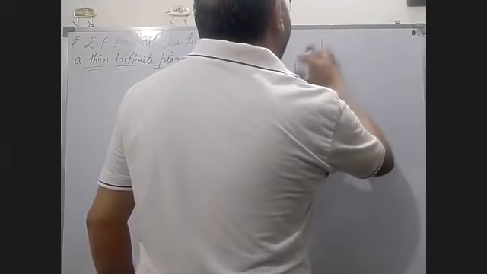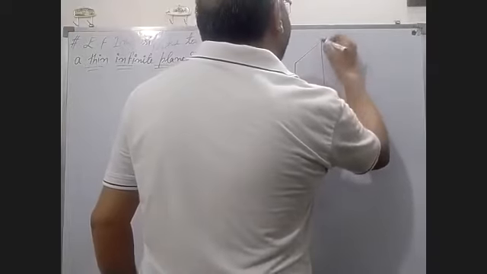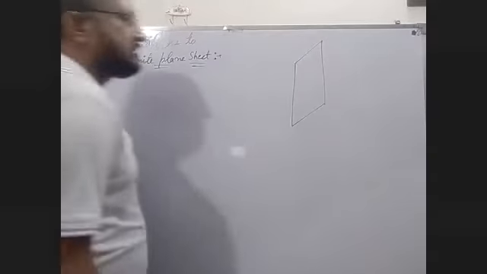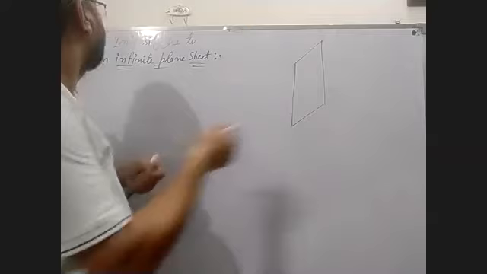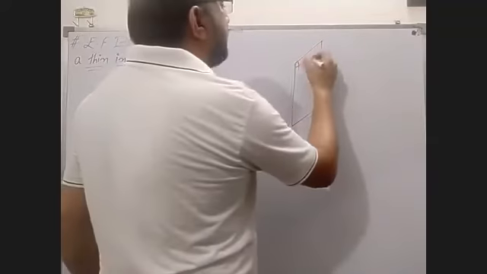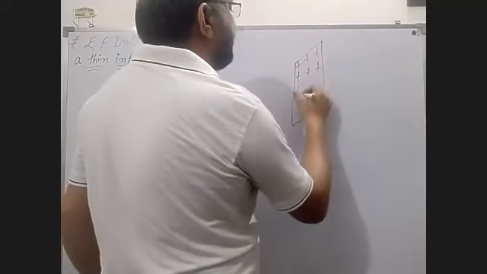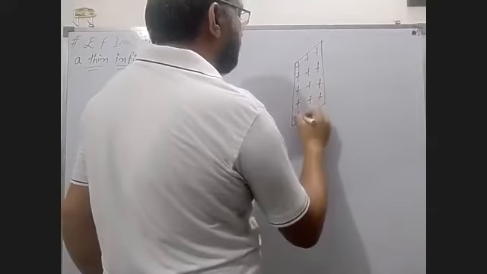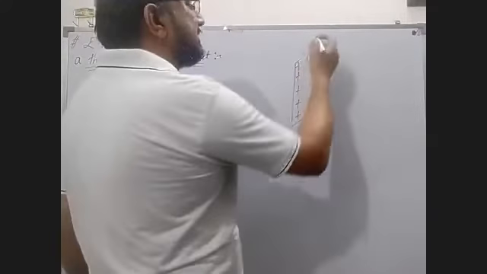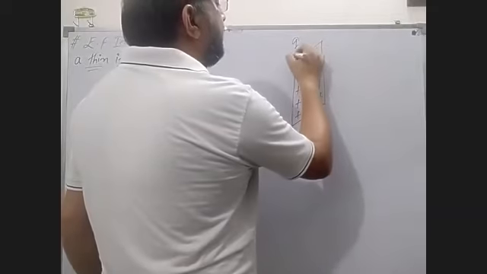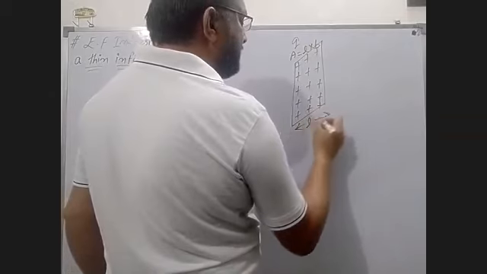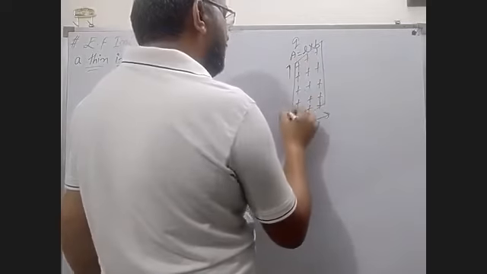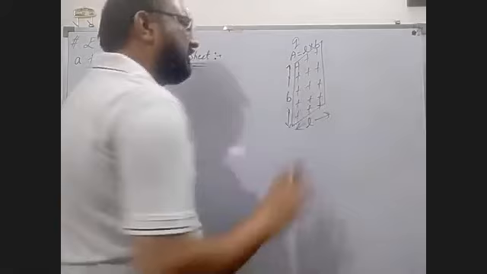Suppose this is a sheet, and take the charge on it as positive. Rectangular sheet is this. Charge is Q here, and area you can take by multiplying length and breadth. Suppose this is length and this is breadth.